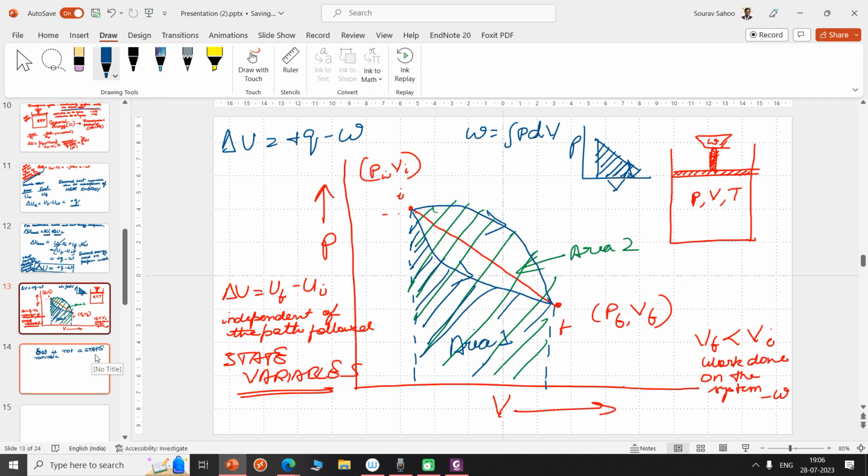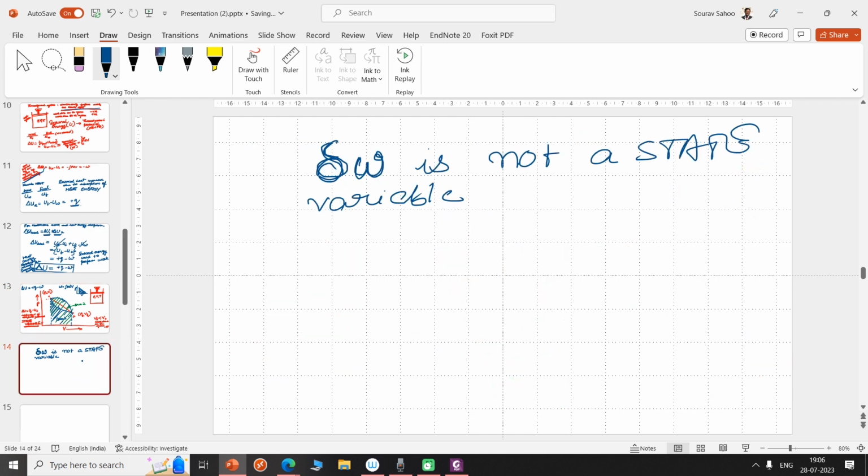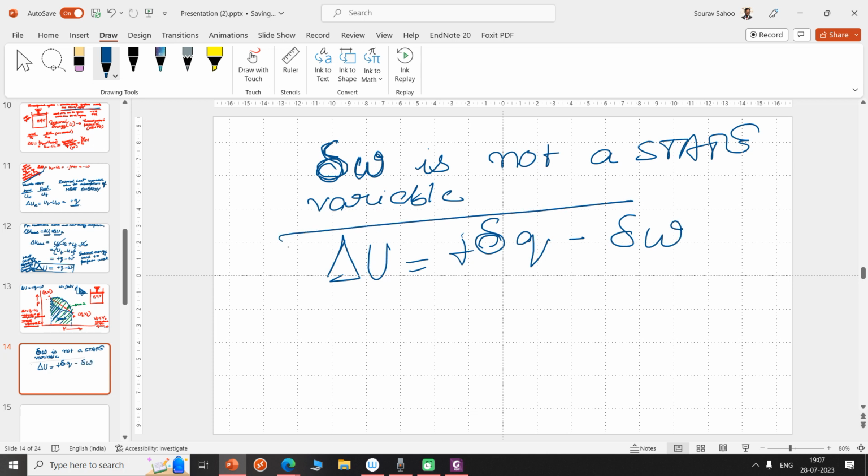So it's kind of interesting to see that the combination of two non-state variables gives us a state variable. And if you write in differential terms, you can write like this.